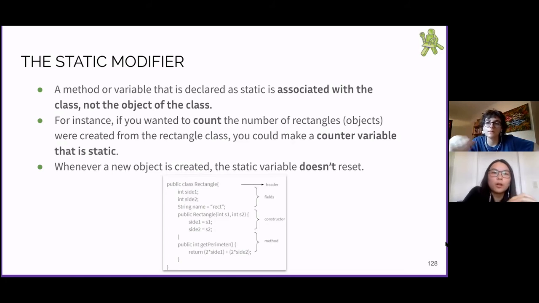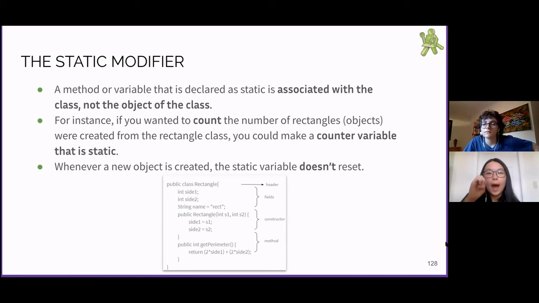The way I learned what static was is this. Let's say you wanted to count the number of rectangles that you made, the number of objects made from the rectangle class. You would use what's called a static variable, because every time you make an object, you can add one to that variable, and the variable will not reset. If the counter variable wasn't static, every time you make an object it would start at 0.